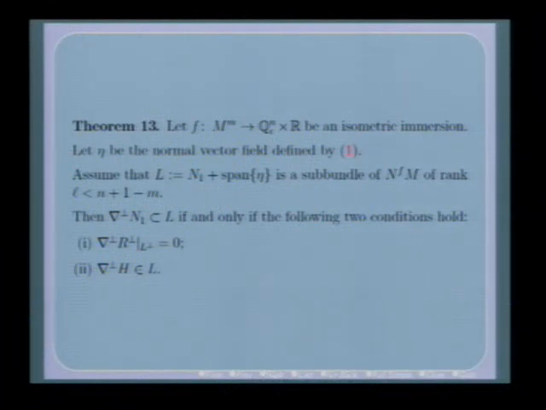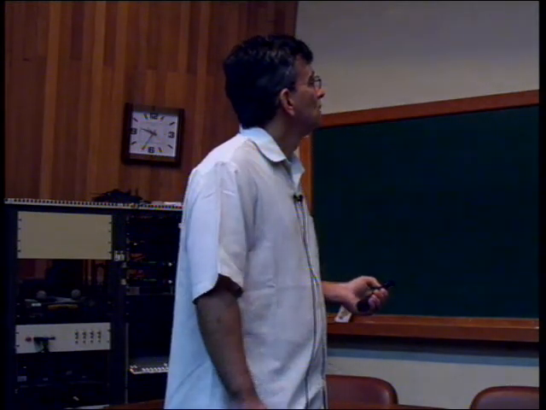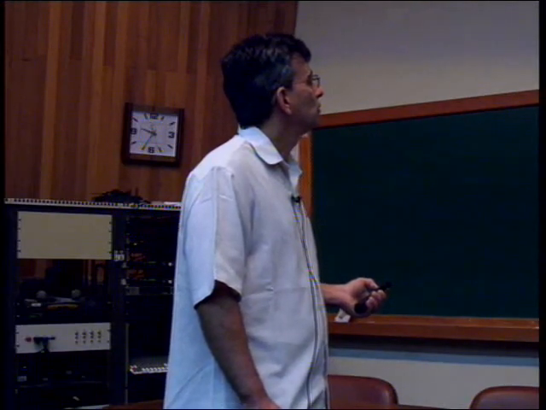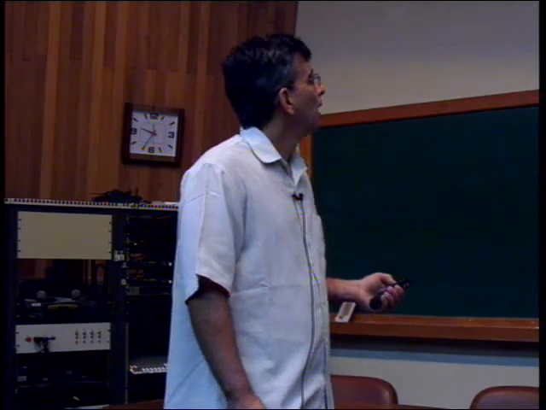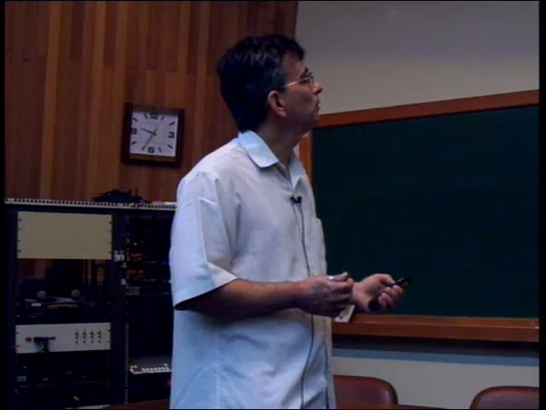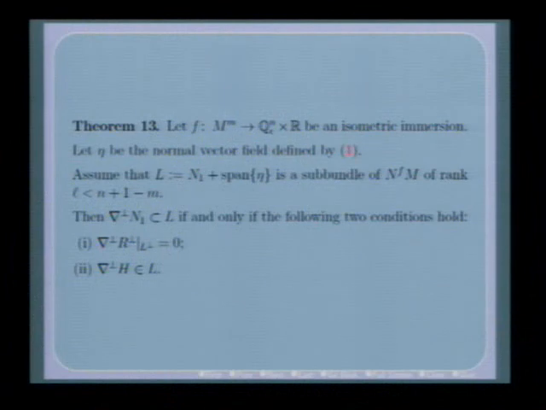So, one application we were able to get from this result was a simpler proof of a recent result by Manfredo, Hilario, and Renato, who studied surfaces with parallel mean curvature vector in those product spaces. It's easy to see that, of course, in this case, the second condition is trivially satisfied. And if such a surface doesn't have flat normal bundle, it's easy to see that it has to lie in a slice of the product space.